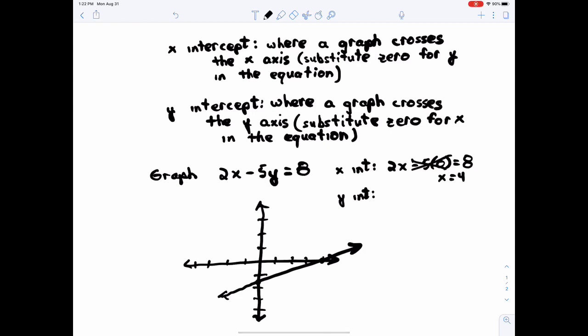That's all you got to do. I mean, you should be able to do that in your head. If you can't, I'm kind of scared, okay? But you don't have to show me that. Just do it in your head and tell me, okay, the x-intercept is (4, 0), all right? For the y-intercept, you stick 0 in for x.